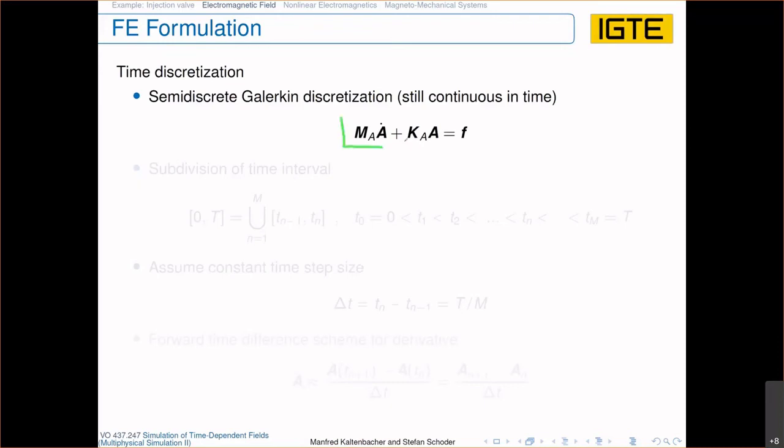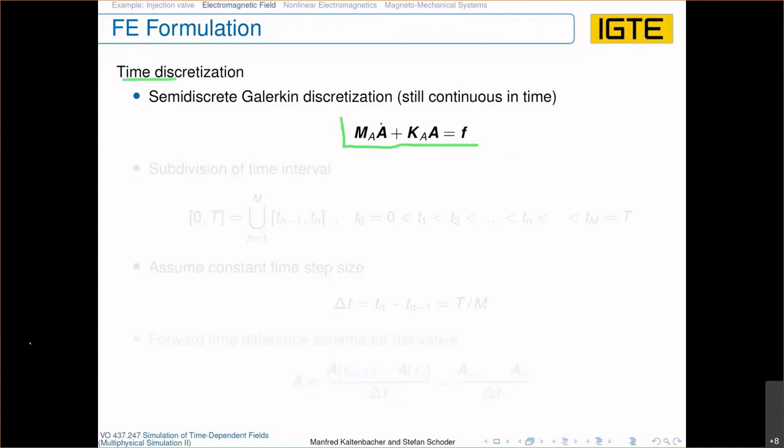We also have discussed how to compute the entries of the mass matrix and the entries of the stiffness matrix. The dot means a time derivative, so the magnetic vector potential still depends continuously on time. So we will also have to discuss how to do the so-called time discretization.